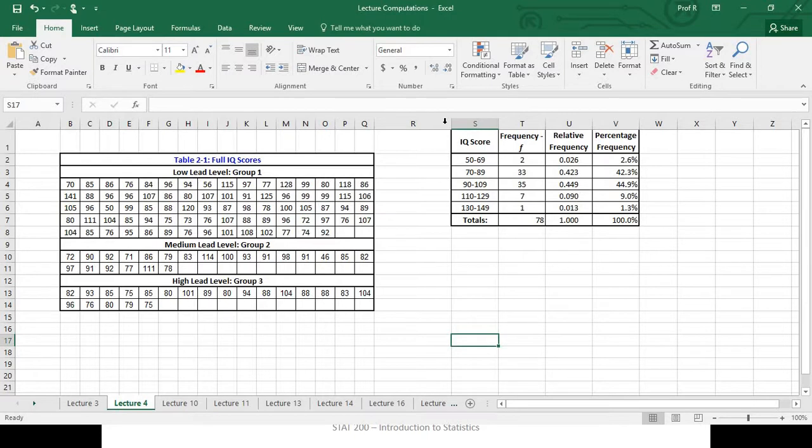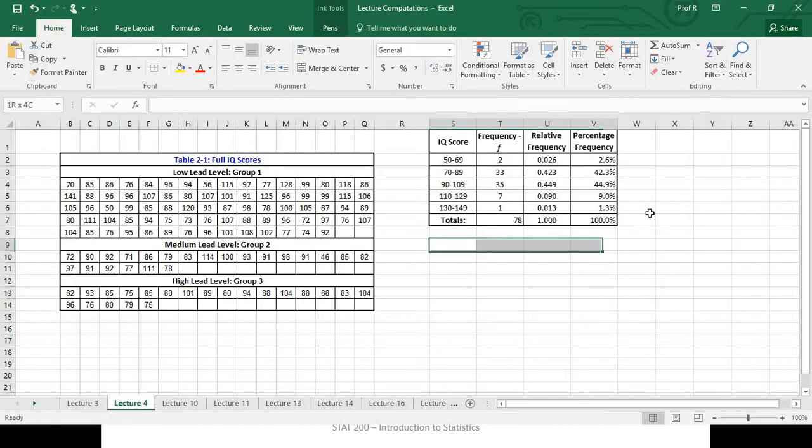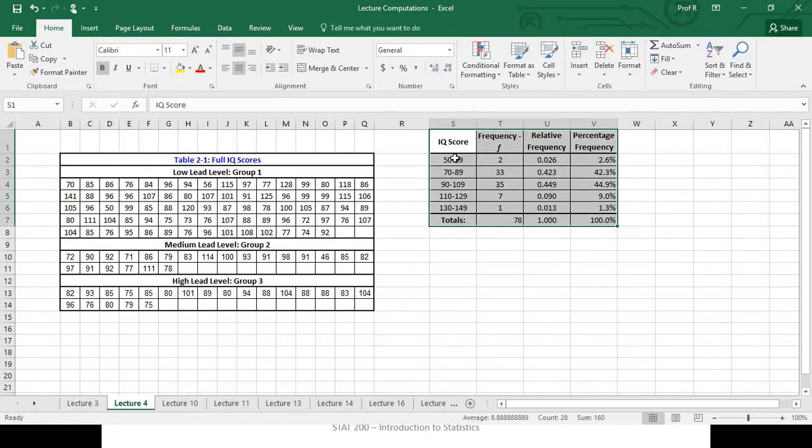Now remember, this is what we created last time. We have our frequency distribution table over here. Well, it's not letting me write in here. So here's our frequency distribution table. Remember, we divided these up to get our class widths.